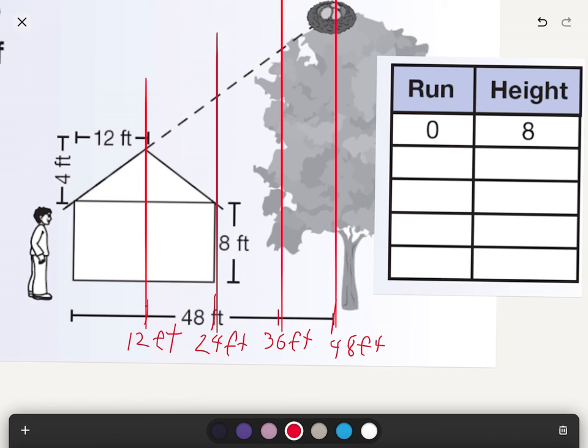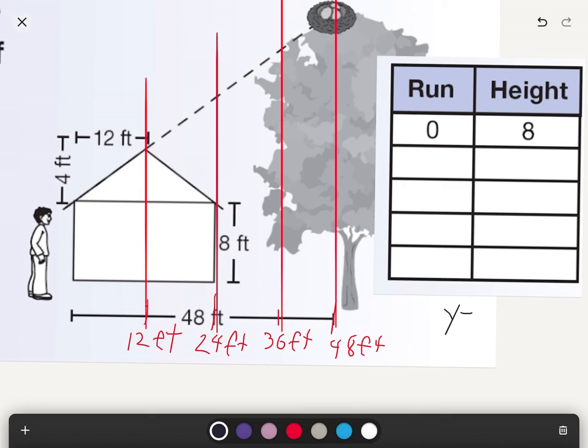Okay, and we could even kind of mark where we're going to be, right? And so we can see that now we are considering this to be our unit. Basically we're starting at a height of 8 feet, so our equation would probably have a plus 8. I'm going to put the equation over here. I think actually looking at it and just doing it step by step is perhaps a bit more intuitive than doing the equation out.